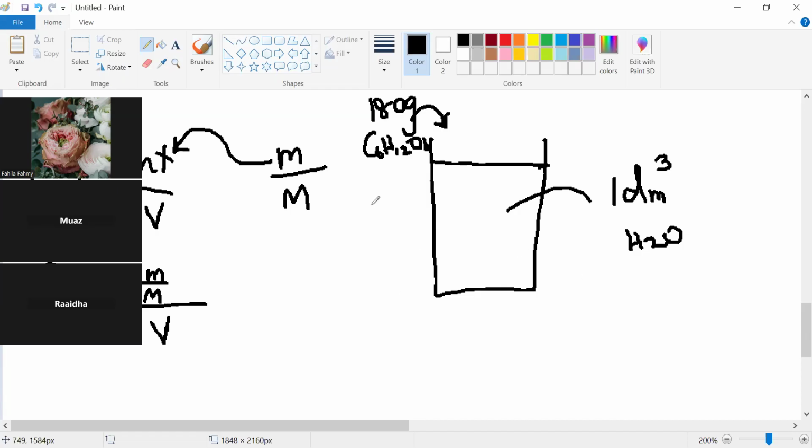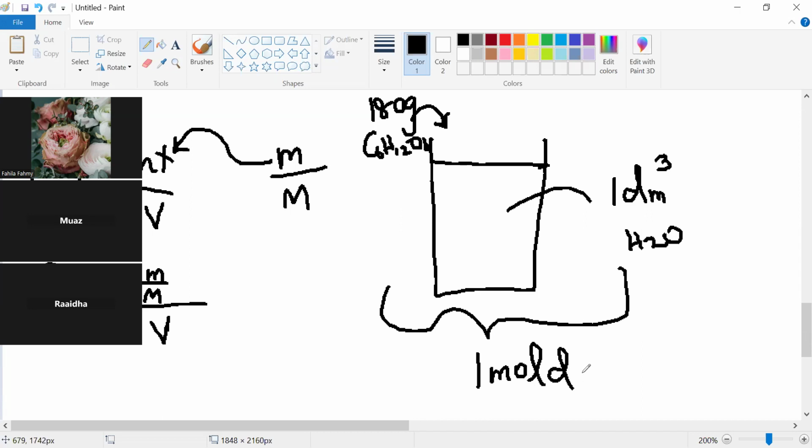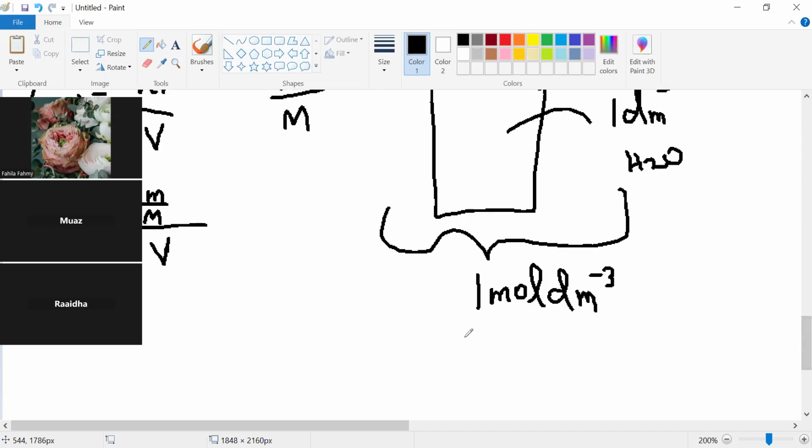And then ultimately, if you nicely give it a stir, what have you prepared here? You have prepared a glucose solution of 1 mole per cubic decimeter. Does this make sense?